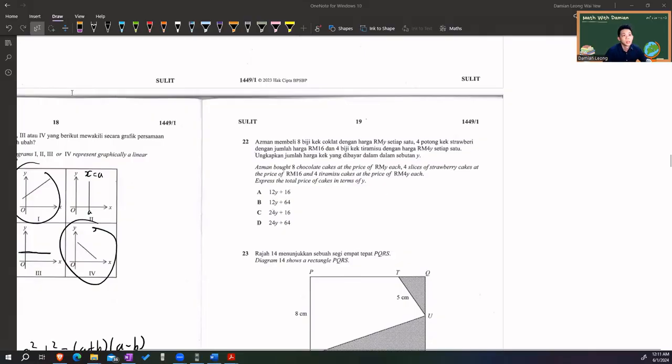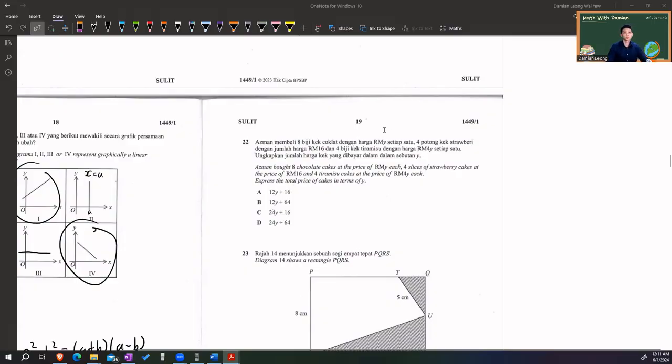Okay. Kami kena ungkapkan ekspresi algebra lah. Ungkapan algebra. Kami kena menuliskan keluar ungkapan algebra bagi situasi ini. Okay, bagi jumlah harga kek.